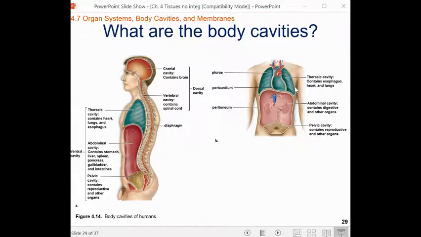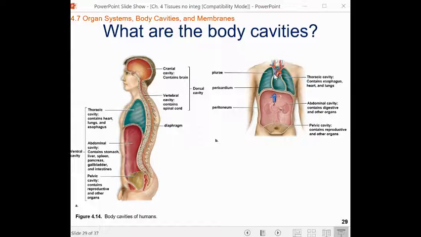Here you can see it from the front, where now we can start looking at what lines each of those body cavities. And you'll notice that it's almost like there's a sac surrounding these lungs. And you have a pleural membrane that surrounds the lungs around that thoracic cavity. You have a pericardium. Peri means around. Cardi refers to heart.